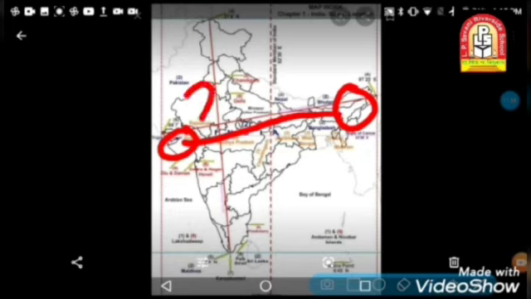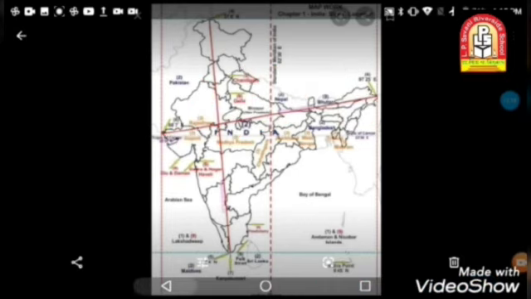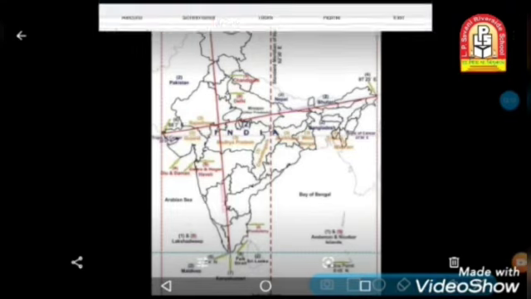But do we take a different time when we go from Gujarat to Arunachal Pradesh? Do we change our clock or time? No. Why? Because we have a standard meridian time which is between the line, right?